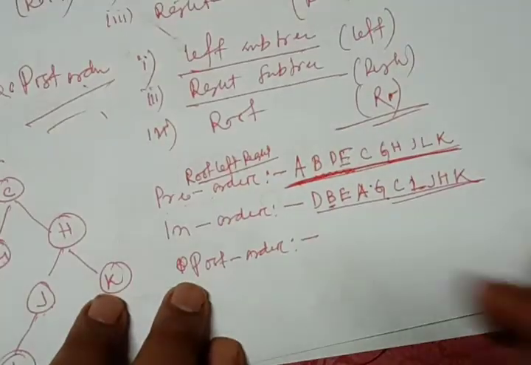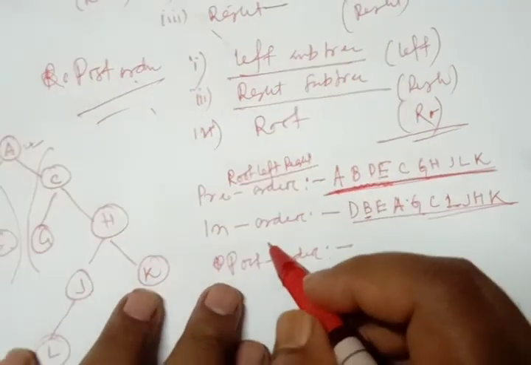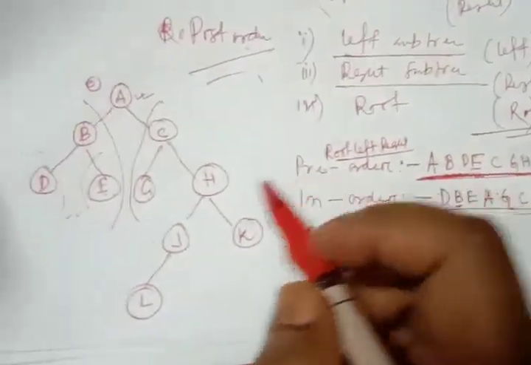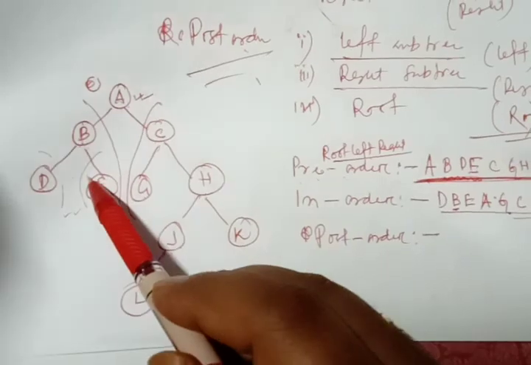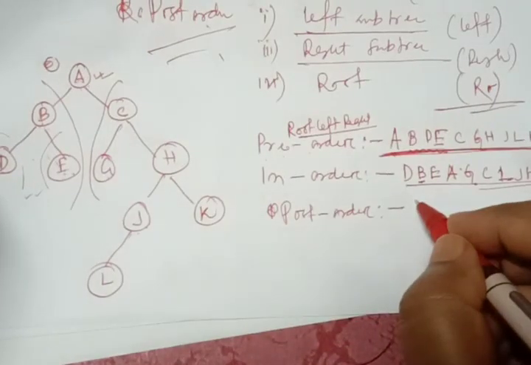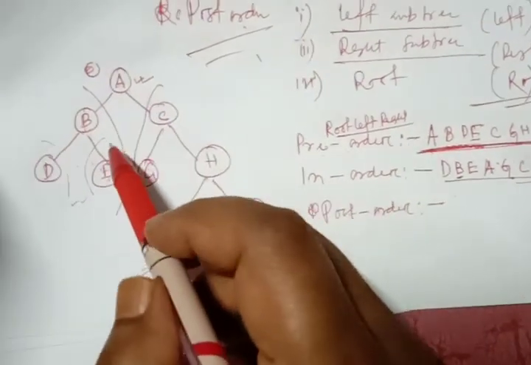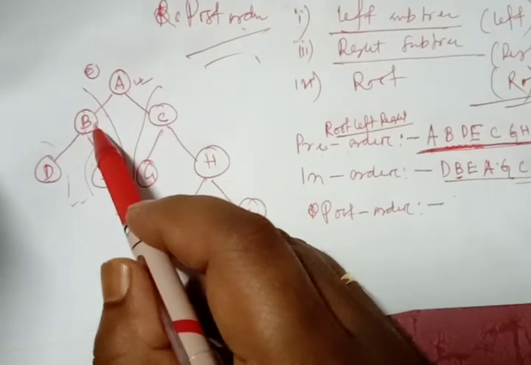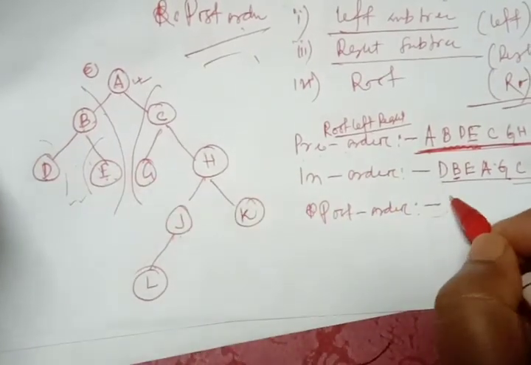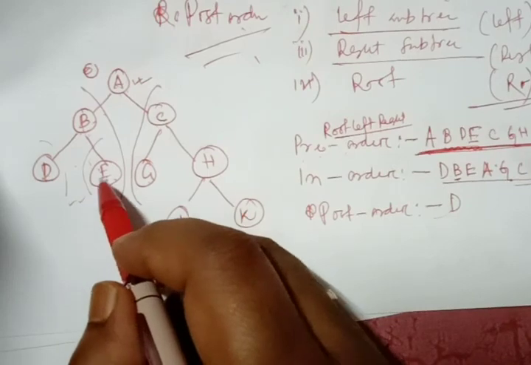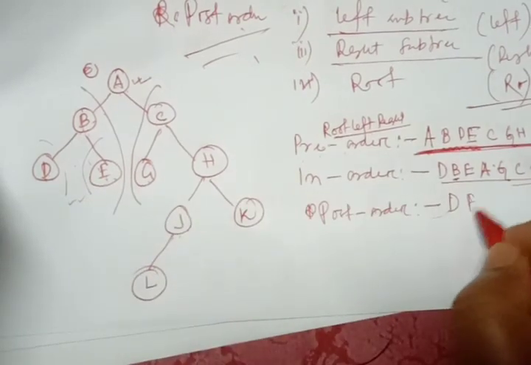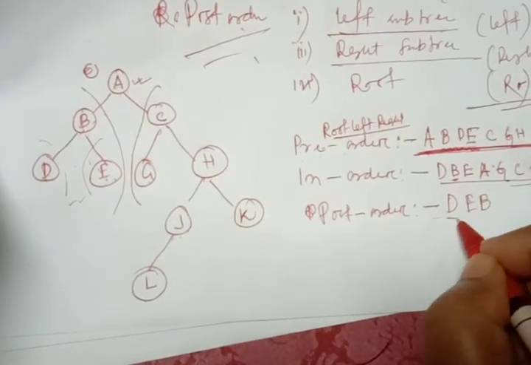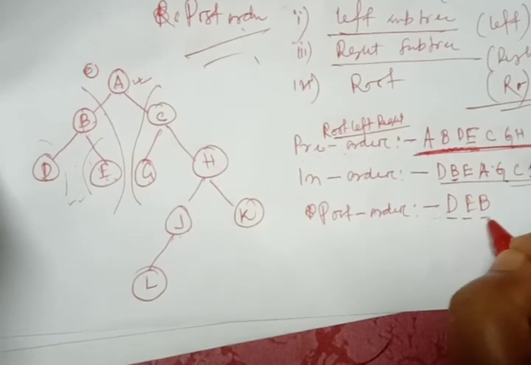And lastly, post order. What do you have to traverse first? The left first. The left of B is D. Then right will come, E, then B, because it is left, right, root.